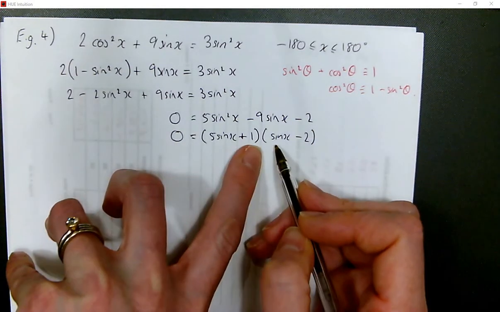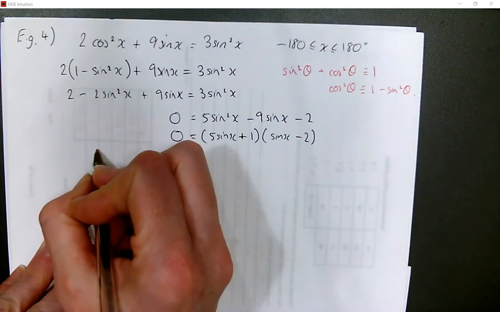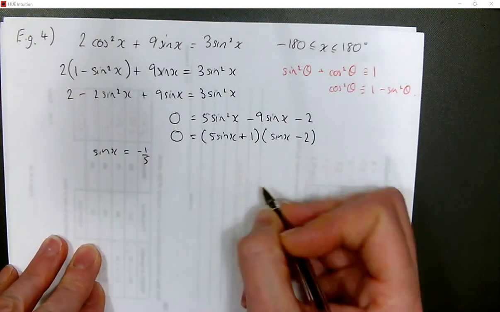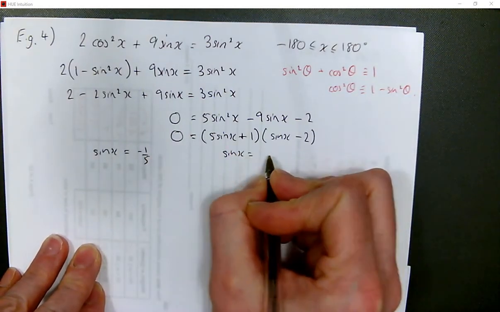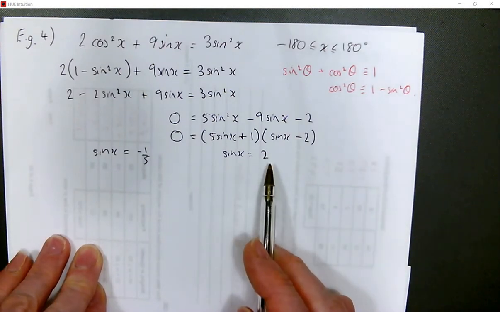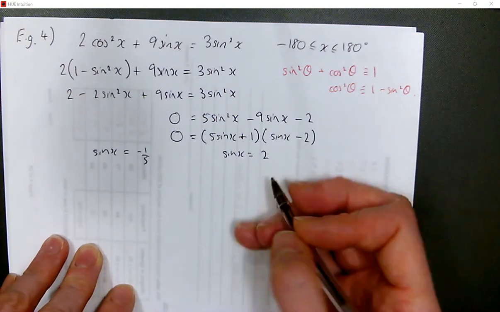Let me just check. Yeah, I've got that the right way around. So that means either sine x is -1/5, now that's going to be fine, or sine x is equal to 2. Hopefully your alarm bells are ringing there. We don't get any solutions since sine x must be between -1 and 1.